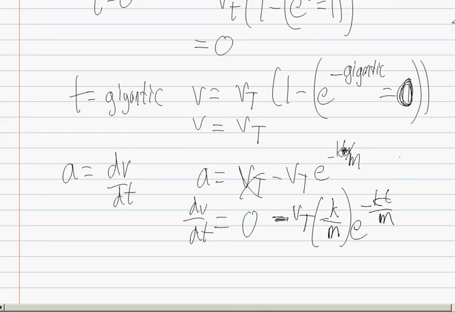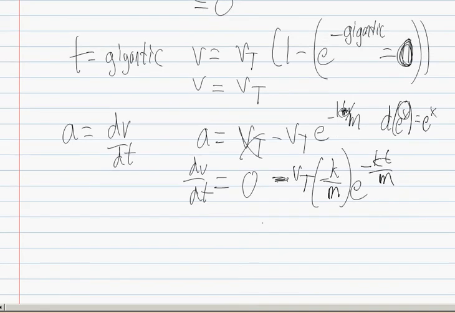Remember, the derivative of e to the x is e to the x, but if you have something in there, you have to take the derivative of that too. So we're going to have vt k over m e to the negative kt over m.